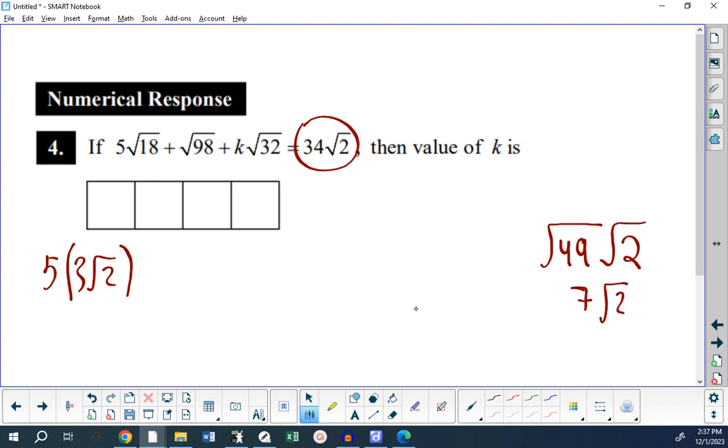So it would make sense that these other ones have to be root 2's as well. So root 49 root 2 gives us 7 root 2. And then here we have k, and root 32 is root 16 root 2, or 4 root 2.